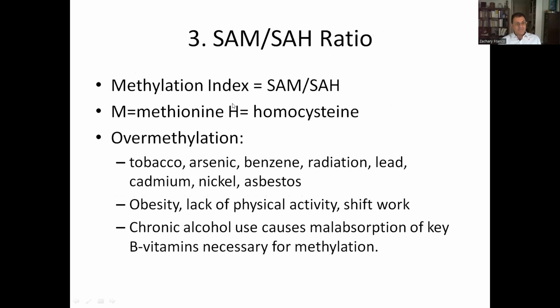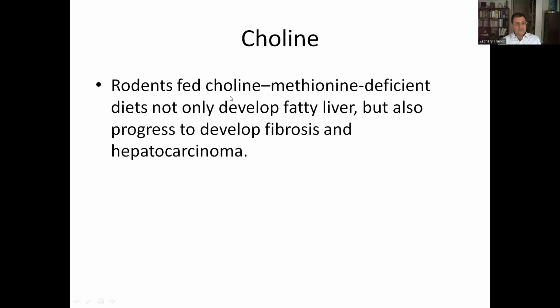And then let me see what else. Choline, yeah. So choline, I mentioned, is not only an important source of methyl groups, but rats that are fed a diet deficient in choline and methionine, not only do they develop fatty liver, but their liver gets completely shot, with fibrosis and liver cancer.